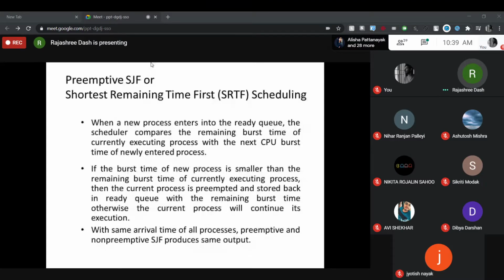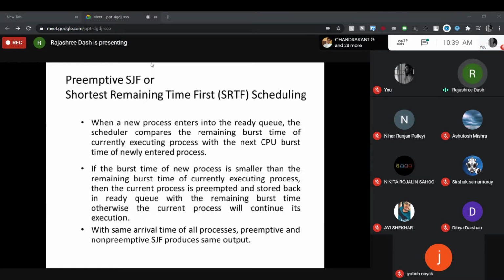Remember the word remaining, not the original. Then the current process is stored back in the ready queue with the remaining burst time. Otherwise, the current process will continue its execution.